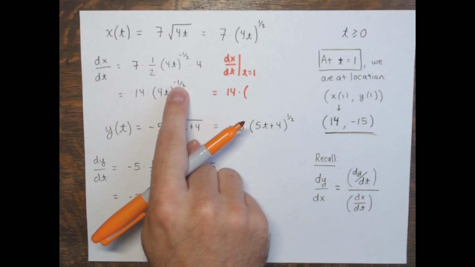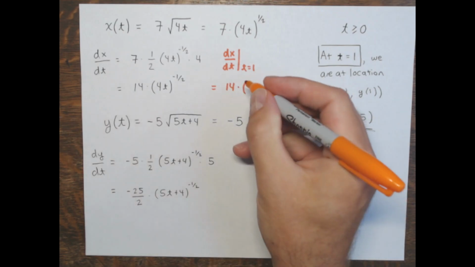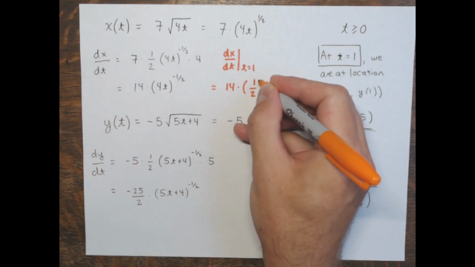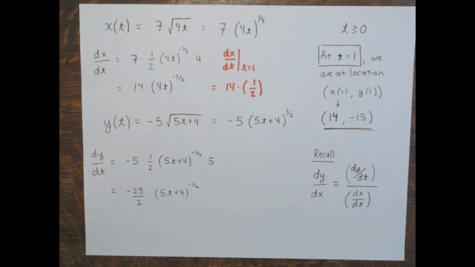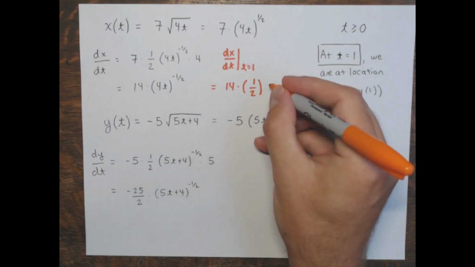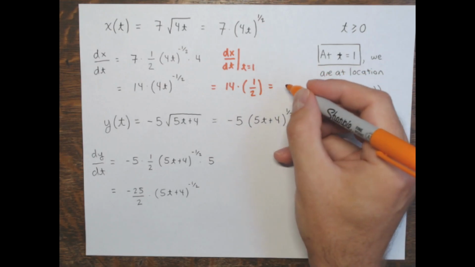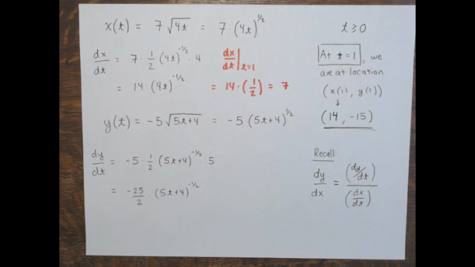And this is a negative power, and negative powers are the reciprocals of the positive power. So 4 to the negative half would be 1/2. So this is 7. That's going to be in my denominator here, when I calculate dy over dx, the denominator at t equals 1 is 7, half of 14.